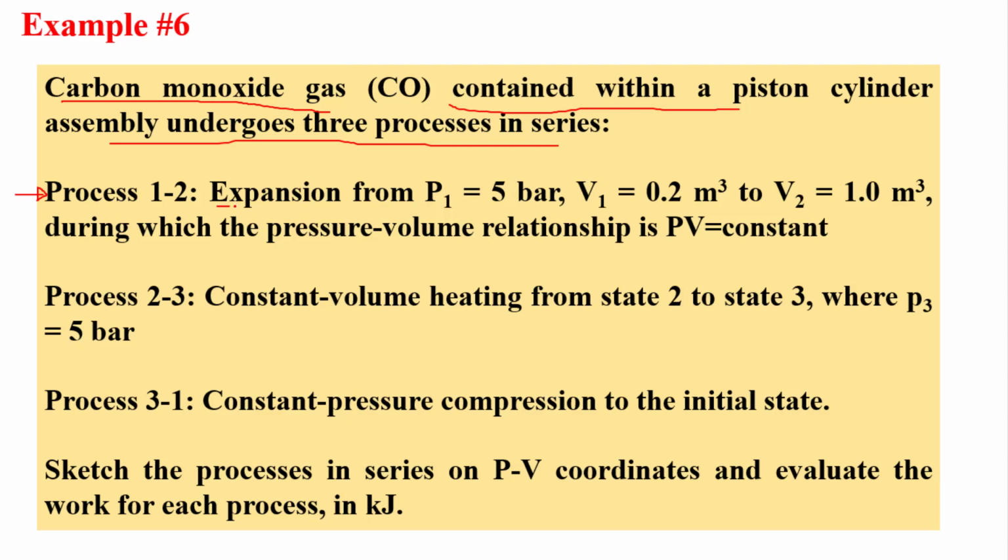This is expansion from P1 5 bar, V1, to V2 1 meter cube, during which the pressure volume relationship is PV equal to constant. So this is isothermal scenario. Now process 2 to 3, constant volume. So V2 equal V3.